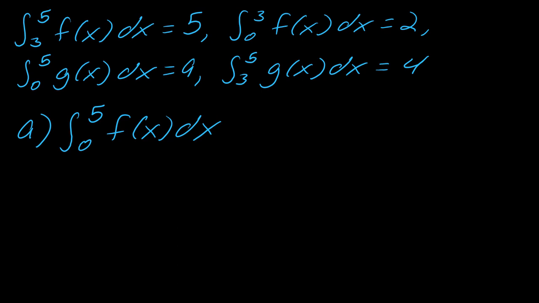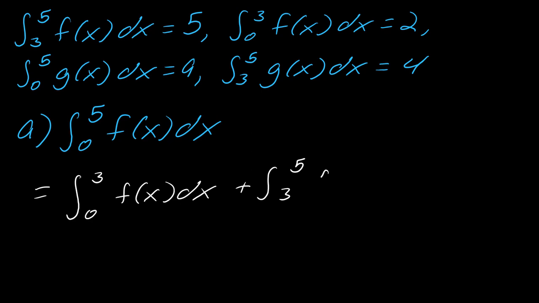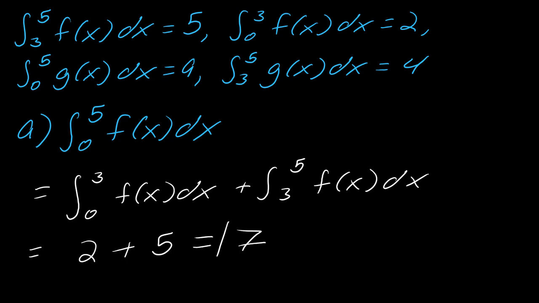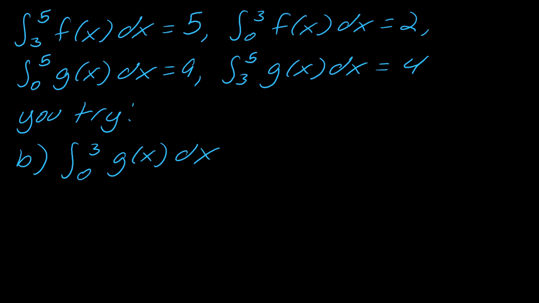So I can take the value of this integral, and then I can also take the value of the one from 3 to 5, and that will get me the value of this particular integral, so I can just sum those values up. So this will be 2 plus 5, so this would equal 7. I just want to give you a chance to practice some of those. So why don't you pause the video here and try this one, and then hit play when you're ready.